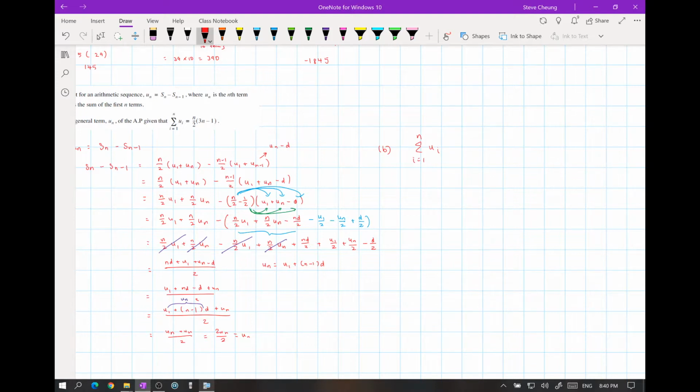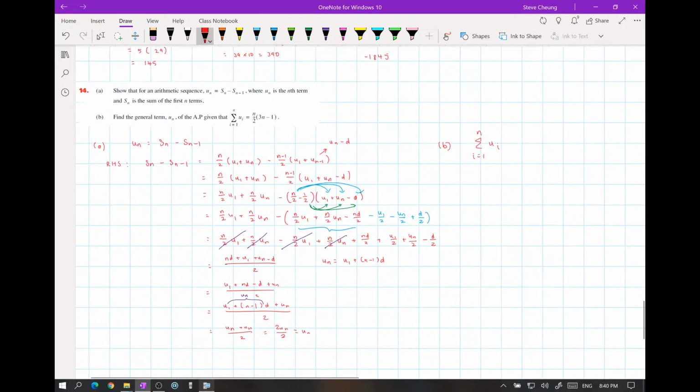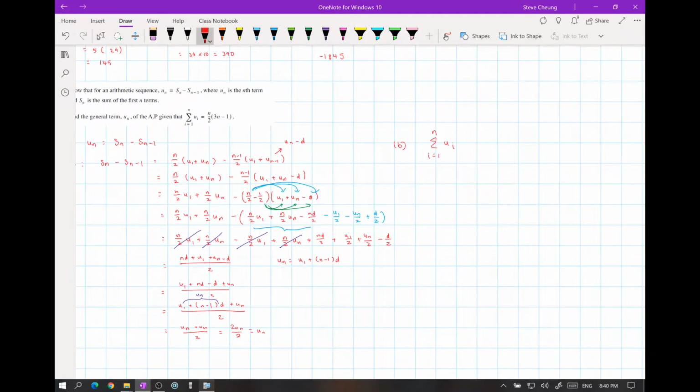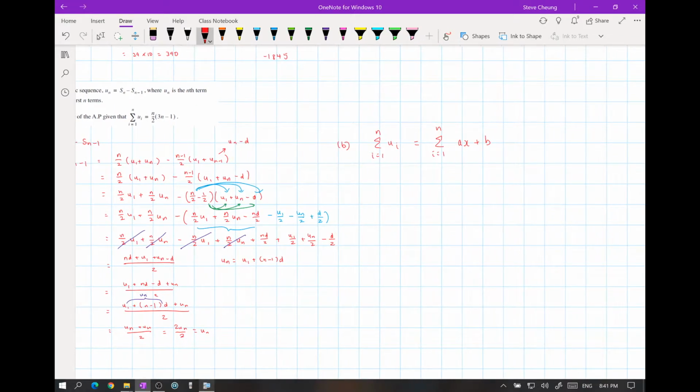So for an arithmetic sequence, this will take the form of ax plus b. Arithmetic progression or series has to take the form ax plus b. It's linear.